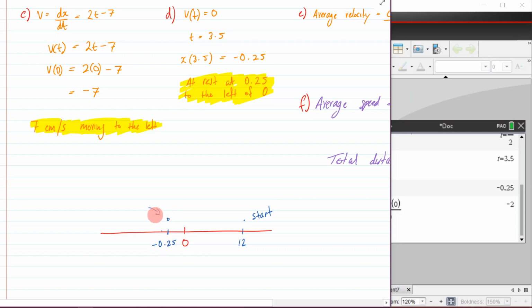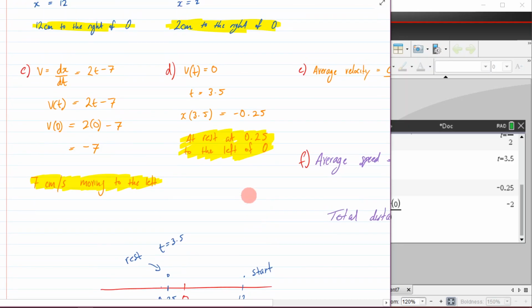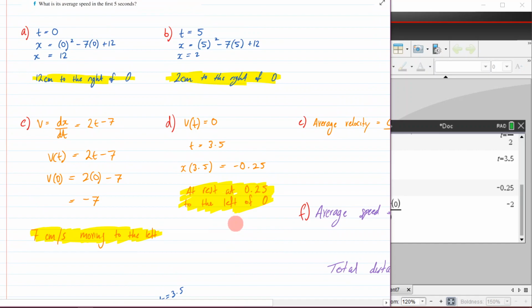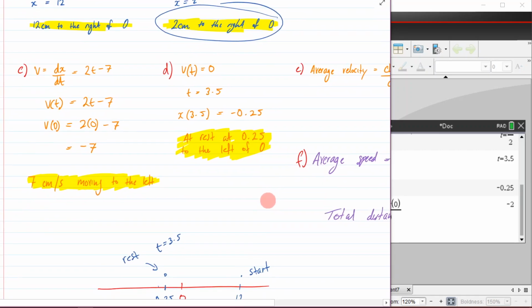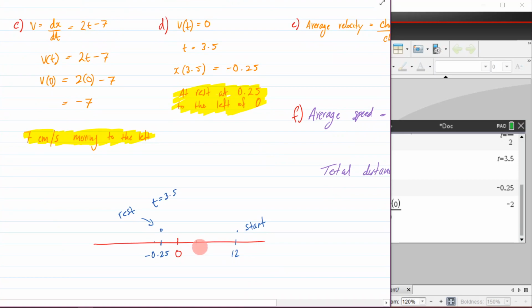I'm at rest, and this is when t is equal to 3.5. Now I also know that when t is equal to 5, I'm 2 centimeters to the right of the origin. This is not to scale at all, but it will do. This will be when t is equal to 5.